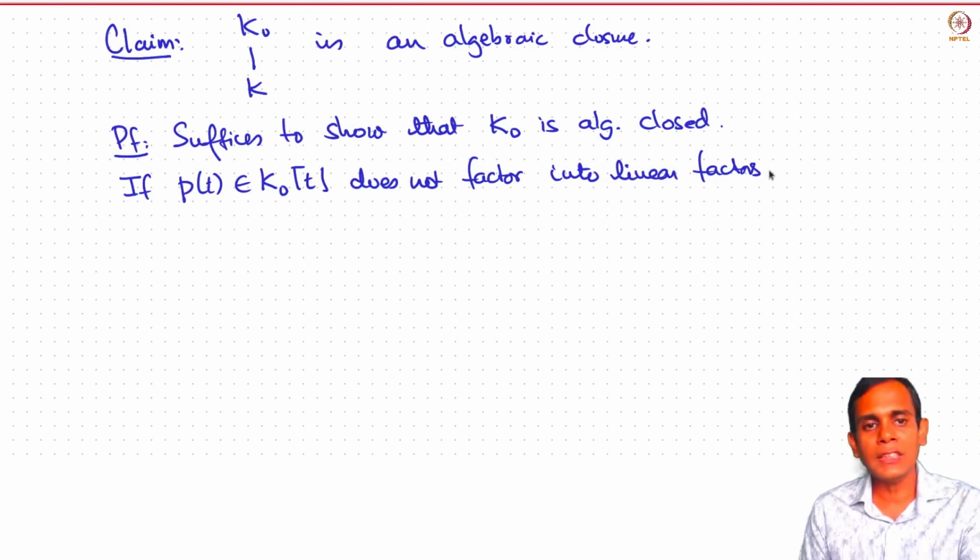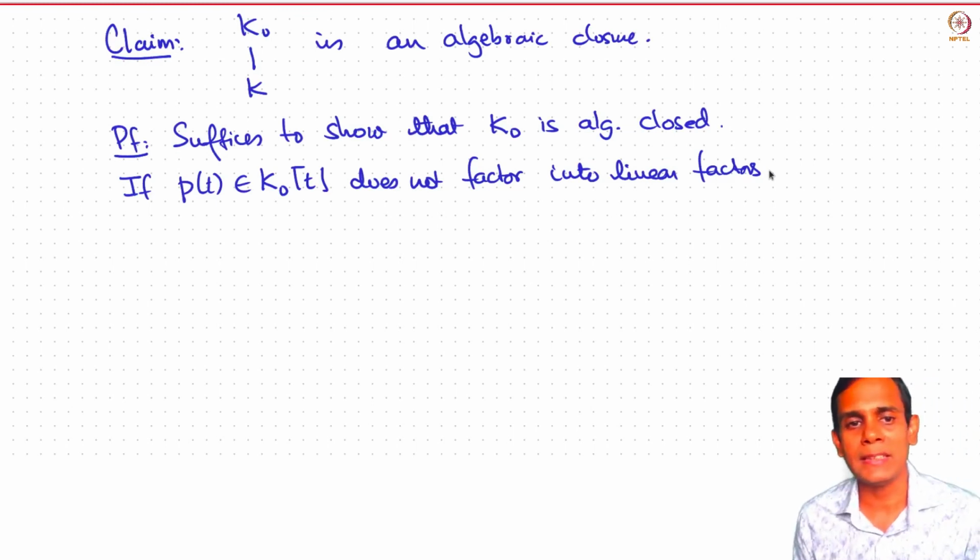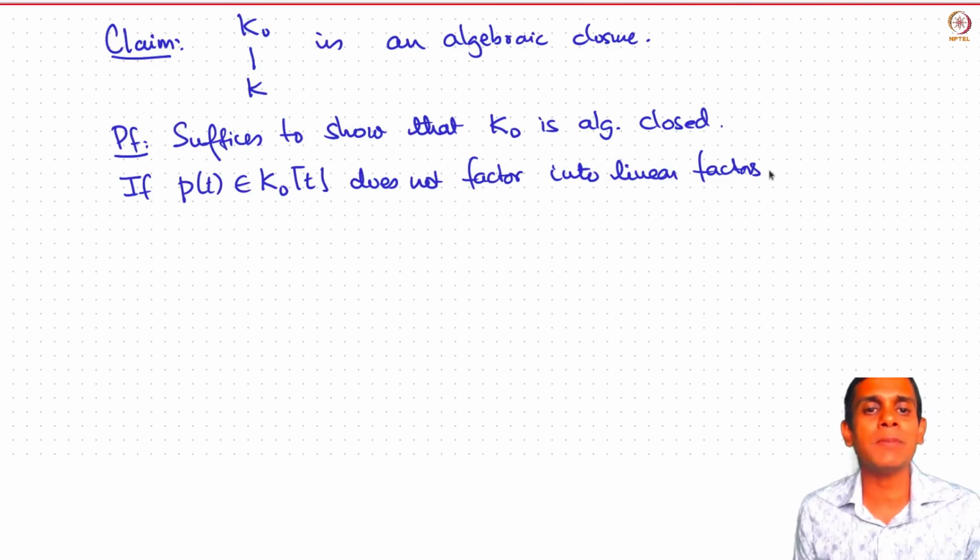Okay, firstly I want to reduce to the case where p(t) is irreducible. If p(t) is not irreducible, then you factorize p(t) into its irreducible factors.